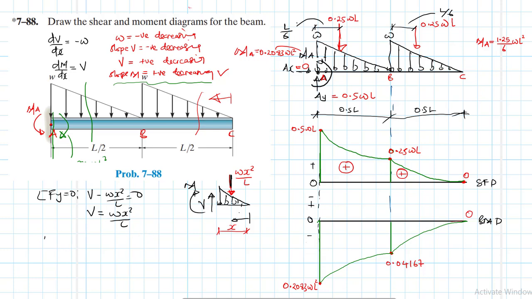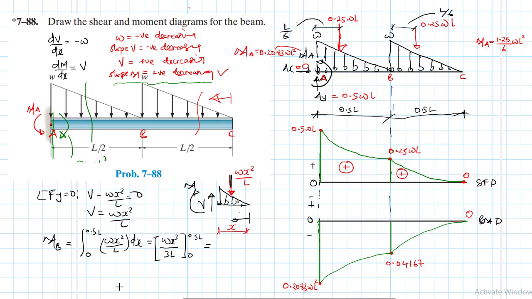So if we integrate this, the moment at B would be equal to the integral from 0 to 0.5 of Wx squared divided by L dx. This gives us Wx cubed divided by 3L from 0 to 0.5.